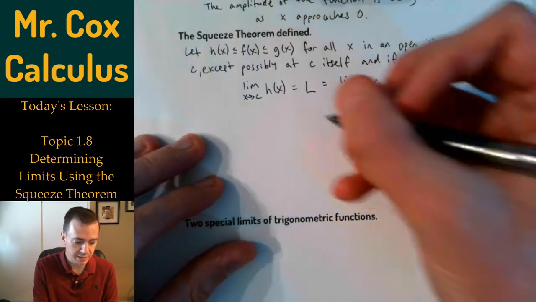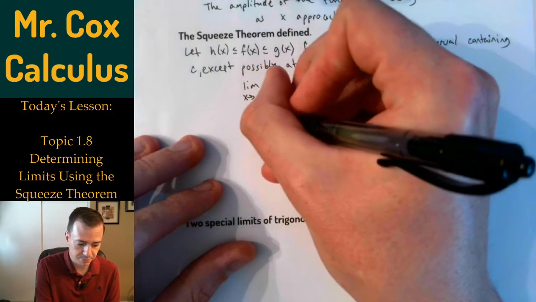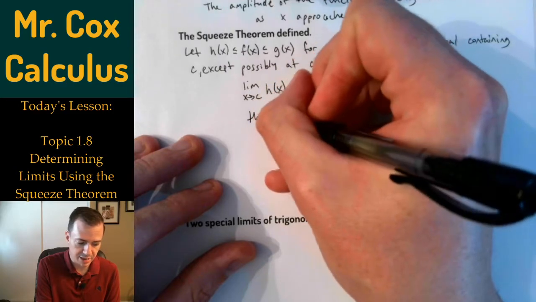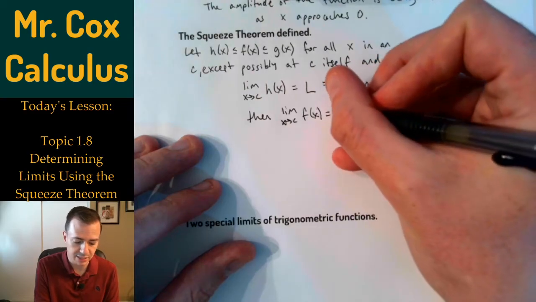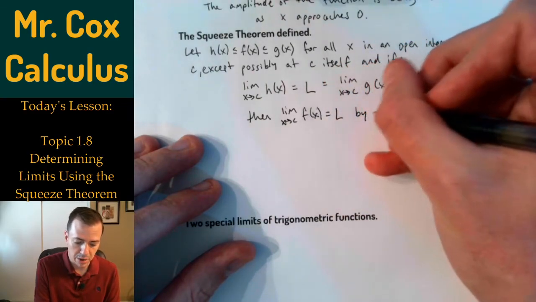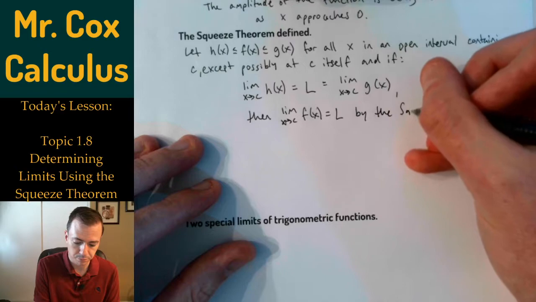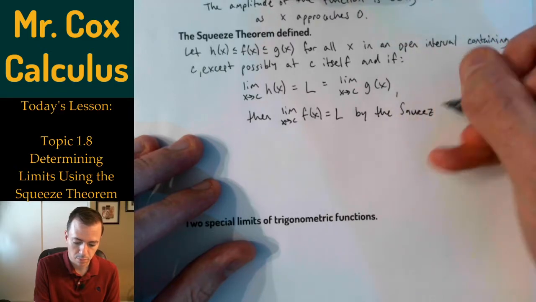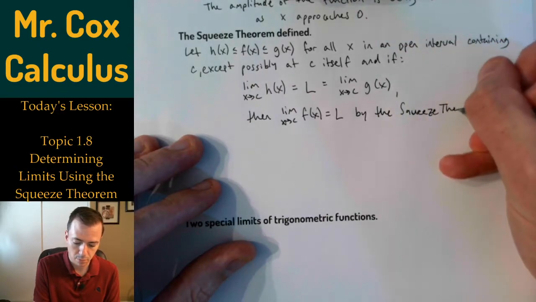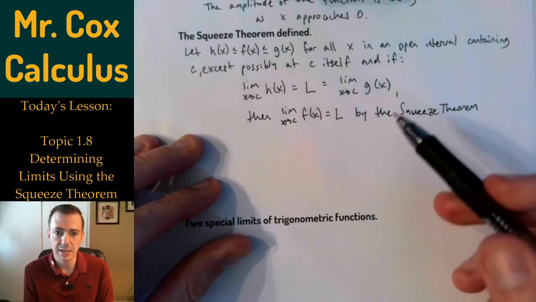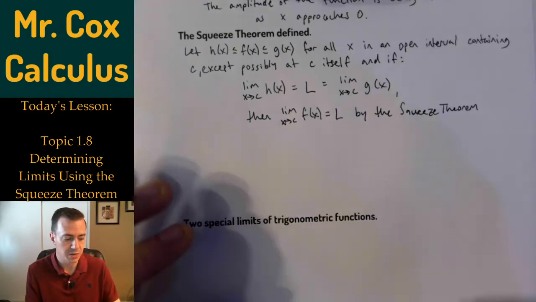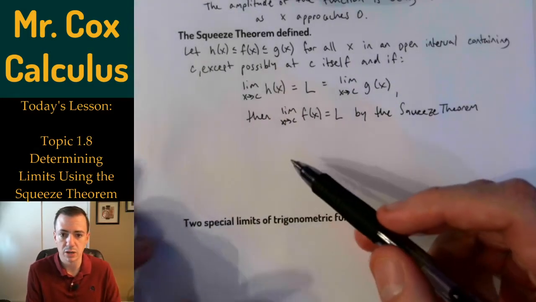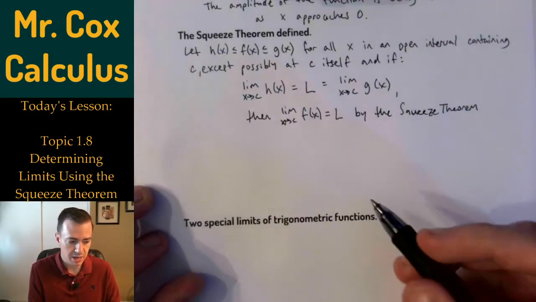And what that means is that the limit as x approaches c of f of x also has to equal L by the squeeze theorem. And if this is making sense, you can already see graphically why it's called the squeeze theorem. We'll take a look at that in just a moment.